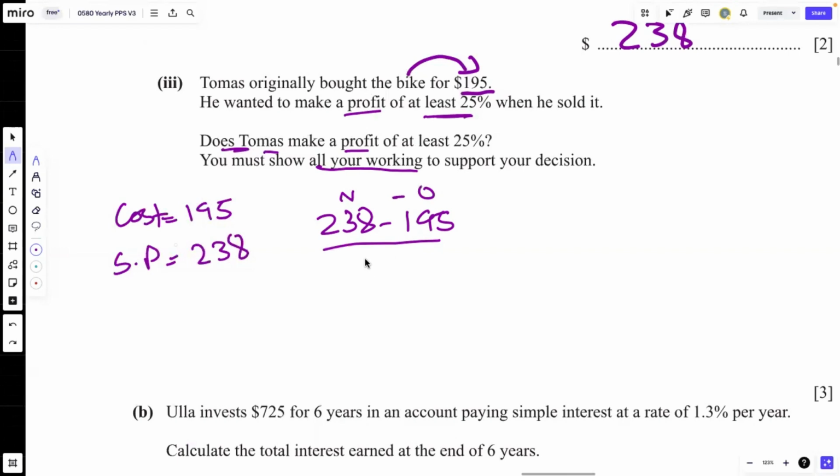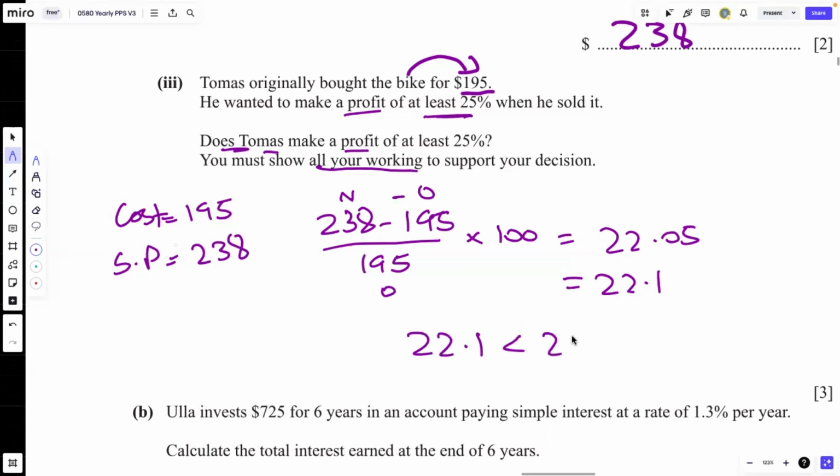Old is 195, and we times it by 100, so we know the percentage change, as to how much profit he has actually made. 238 minus 195 divided by 195, times 100, gives something around 22.05, or 22.1 rounded to three significant figures, which is less than 25%. So we are making a profit of less than 25%.